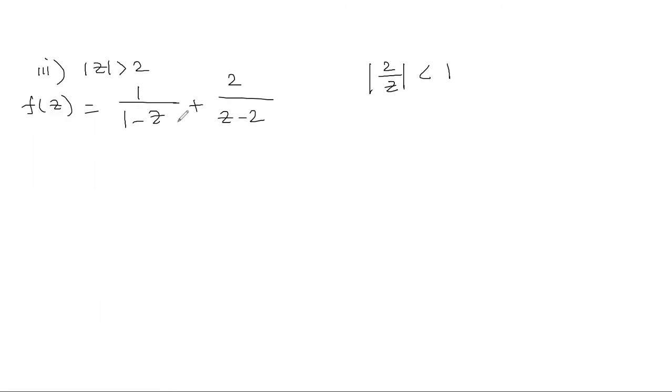Okay. Now what about this 1 minus z? Since mod z is strictly greater than 2, mod z is strictly greater than 1 also, right? So here also we can write 1 by mod z is strictly less than 1.